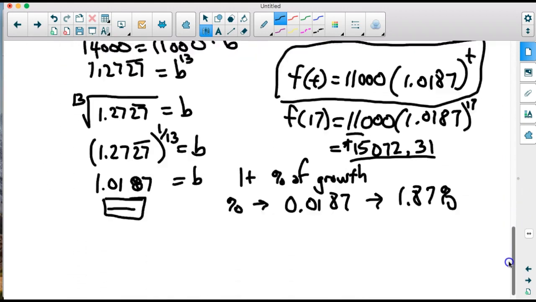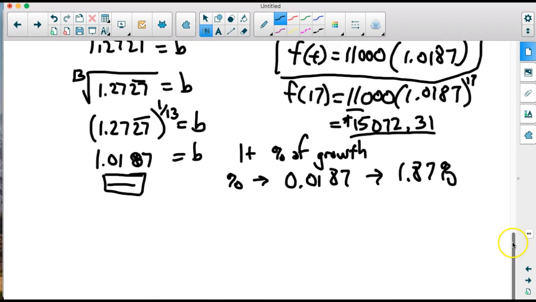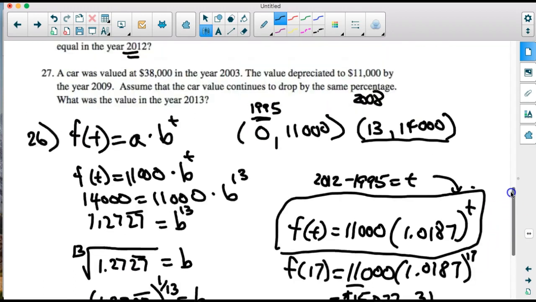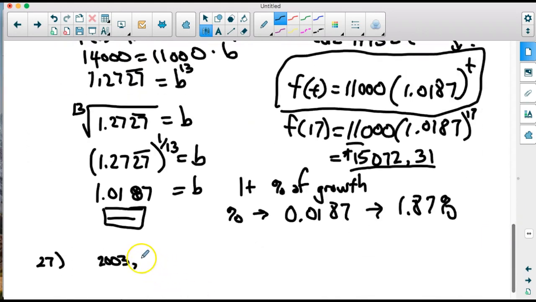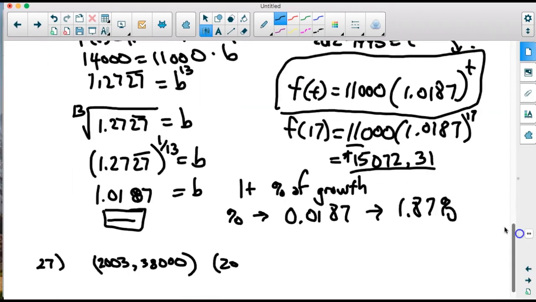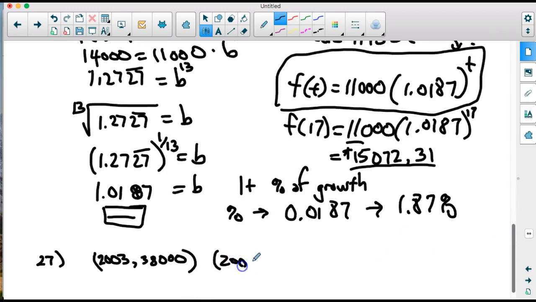So 2003 is 38,000, and 2009 is 11,000. Okay, so we wouldn't use these values.